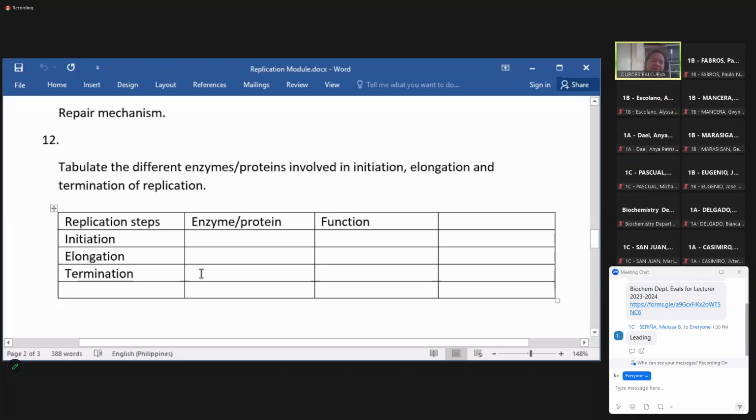Termination. Termination, ito lang yung RNase and what? RNase and FEN1 po. FEN1. Okay. Any questions?